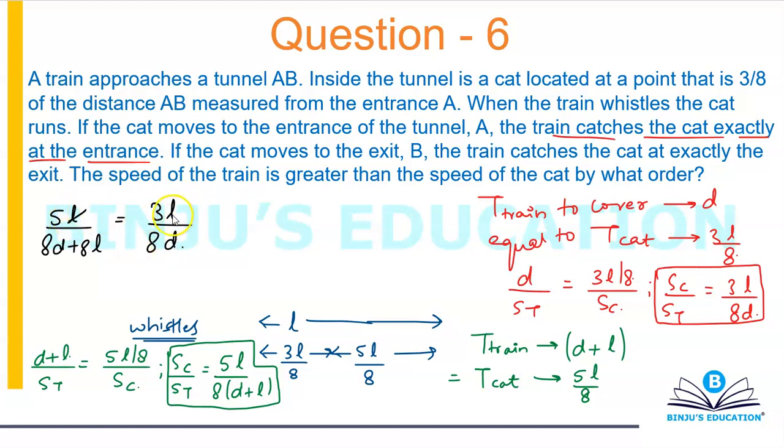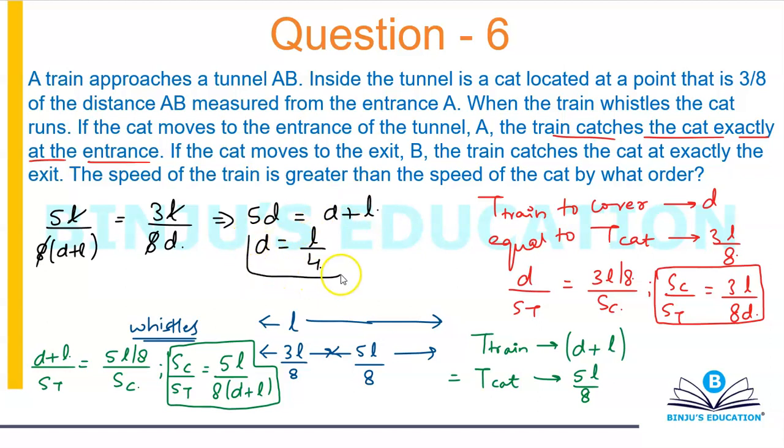I can cancel L, and let me write this denominator on the left as 8 times D plus L. Cancel 8 and cancel 8. You're going to have 5D is equal to D plus L, or D is equal to L by 4. D will be equal to L by 4.